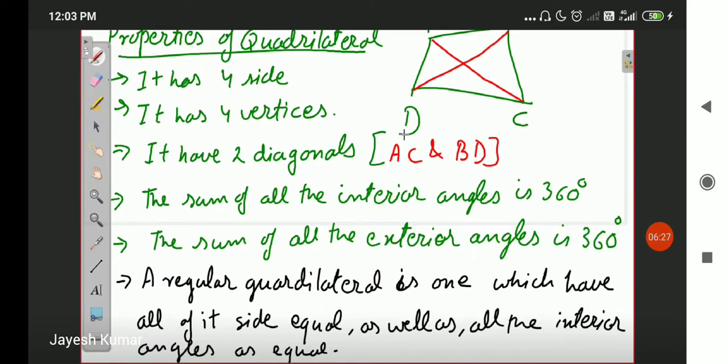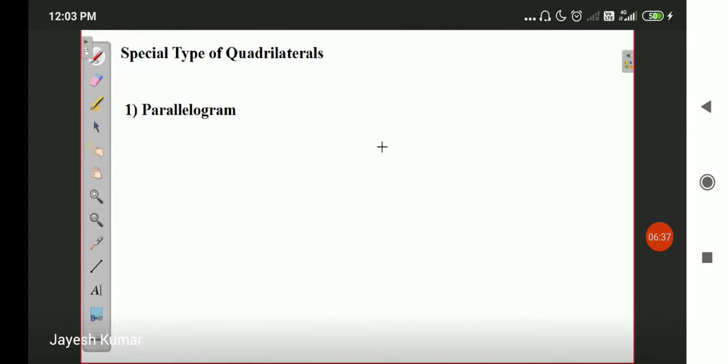Now next, we are going to study special types of quadrilaterals. Why are we studying special types of quadrilaterals? See, irregular quadrilaterals are the most common quadrilaterals, but there is no specific use of them.